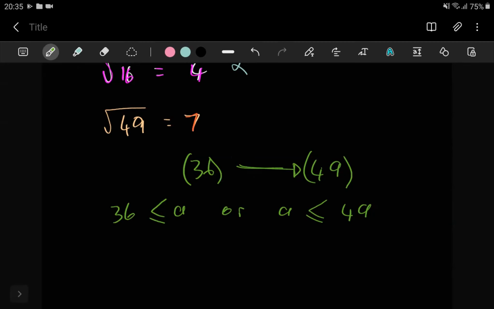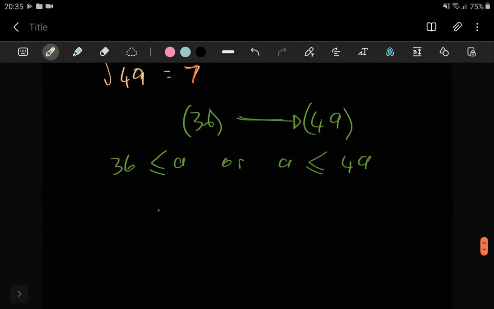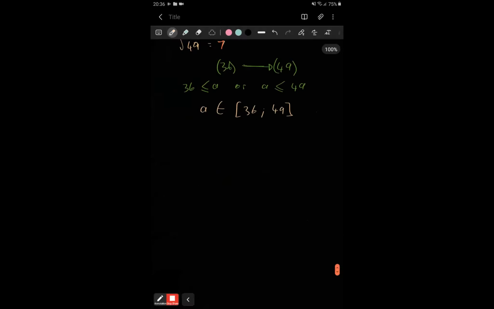But if you guys have been working on set notation, you can say something like a is an element of [36, 49]. Have you guys been working on anything like this? Kind of.